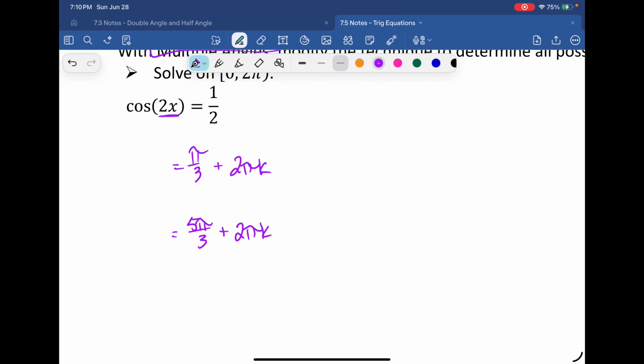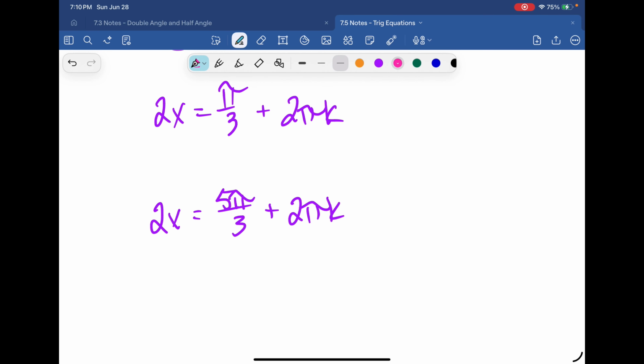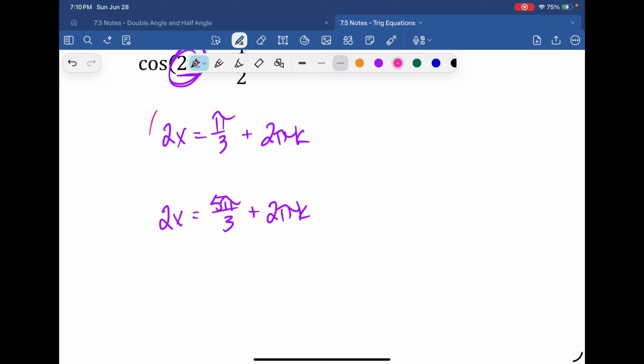But the argument is a 2x. So this is really 2x equals, 2x equals. Well, to get rid of that 2, I need to divide everything by 2, multiply everything by 1/2. So we distribute. Distribute there, I'm going to get pi over 6. Distribute there, I'm going to get pi k.